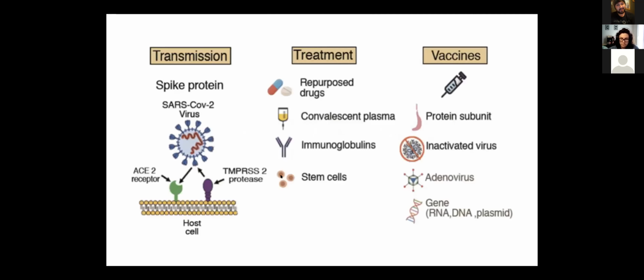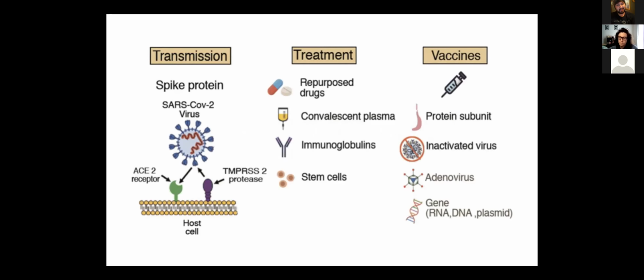So everybody knows my name is Pablo Fabian, and I'm doing the treatment for COVID-19. So I want to briefly just go over the treatment. We've already talked about the transmission, and the treatment consists of repurposed drugs, the convalescent plasma, immunoglobulins, stem cells, and the vaccines, the ones that are being very popular right now.